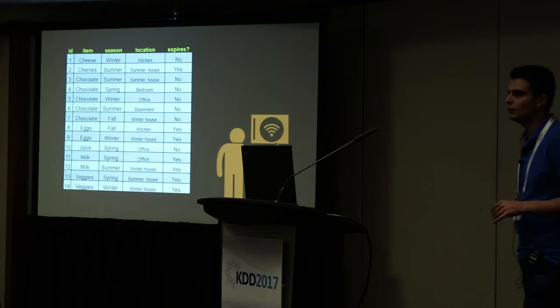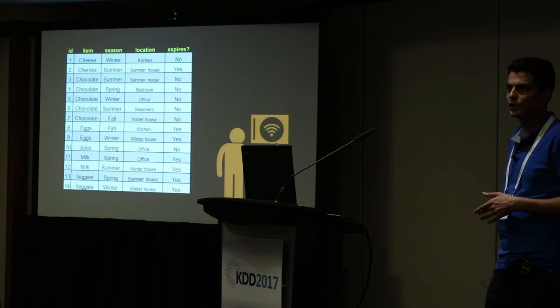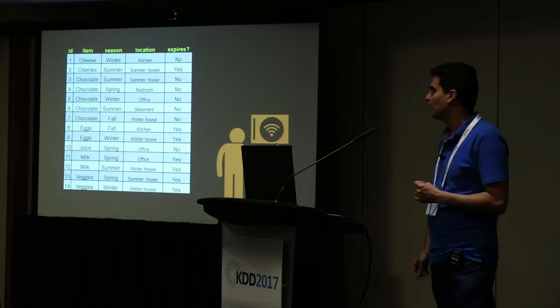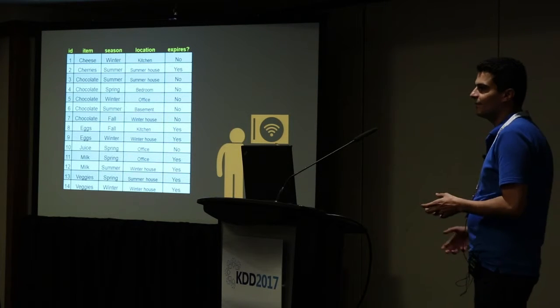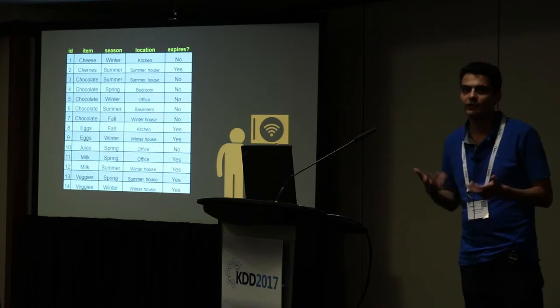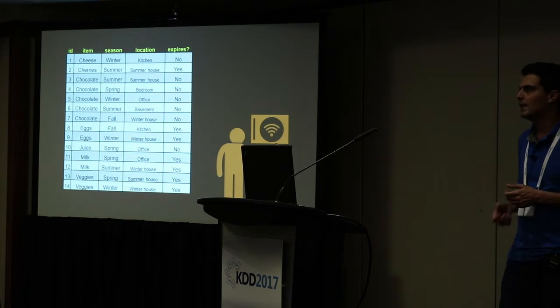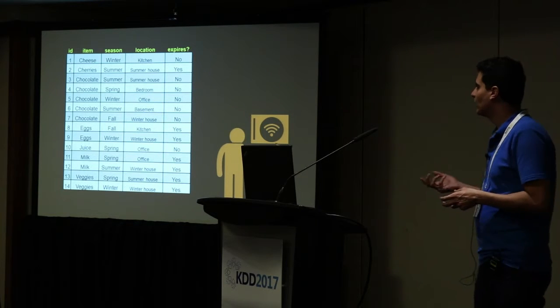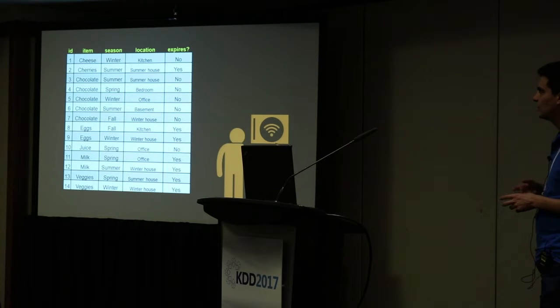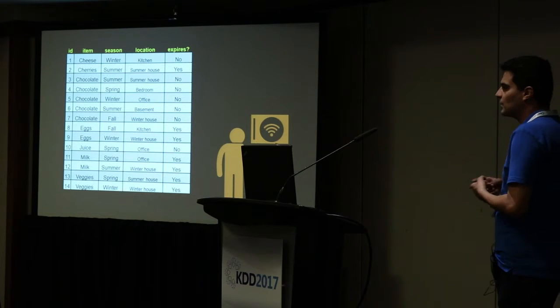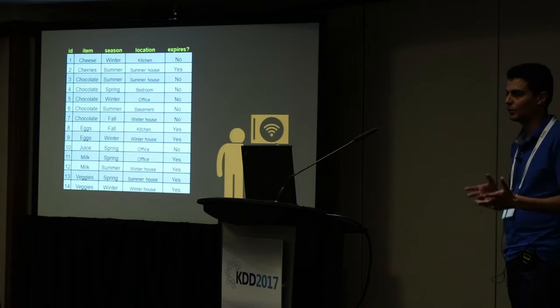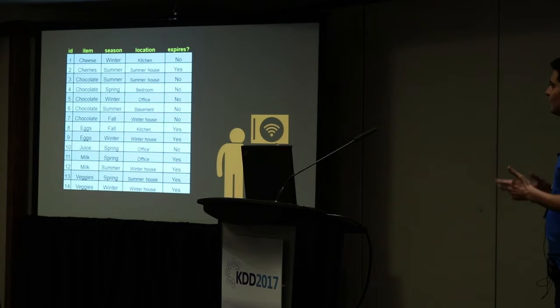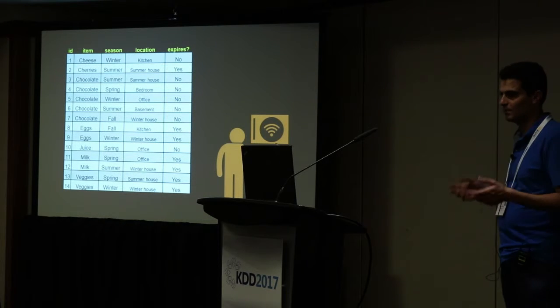So let me give you an example of a data exploration task to put this into context. Let us assume we have several smart fridges, okay? The smart fridges are aware of the items put inside them and the season, and they keep track of whether the item expires or not. And let us assume that we are worried about why those items expire.